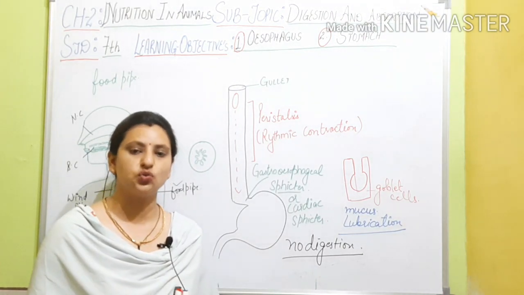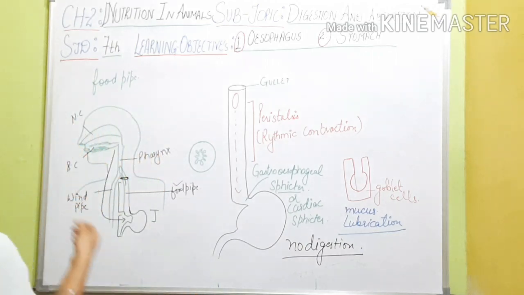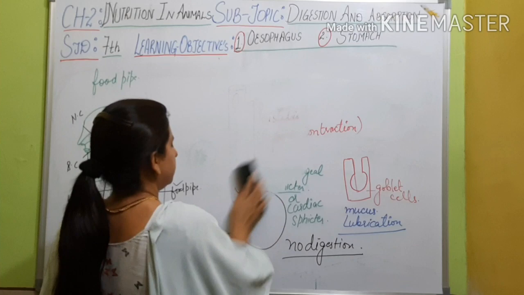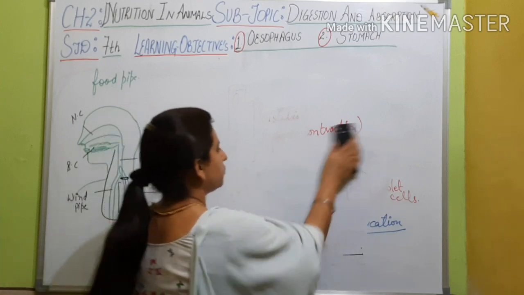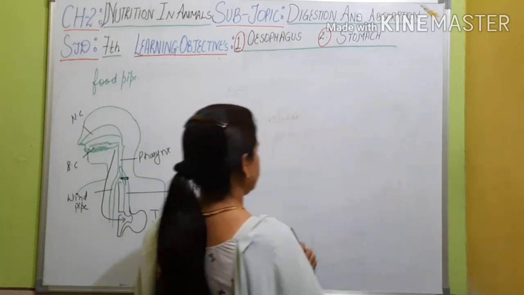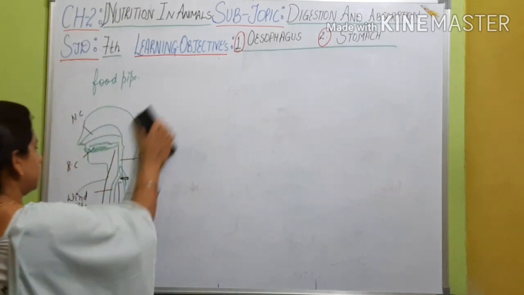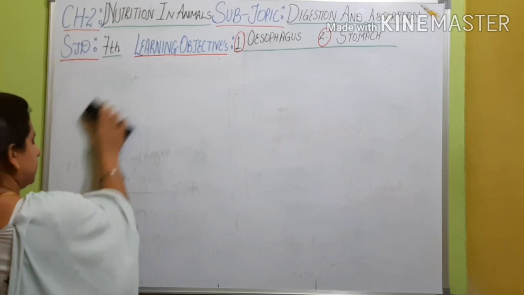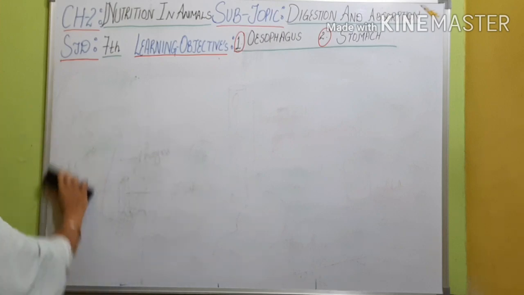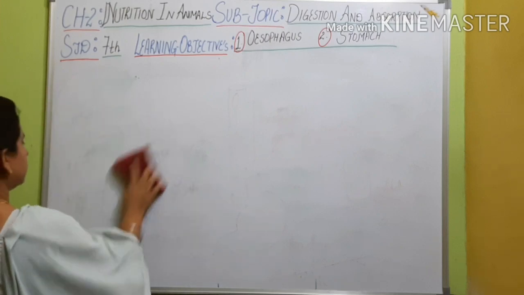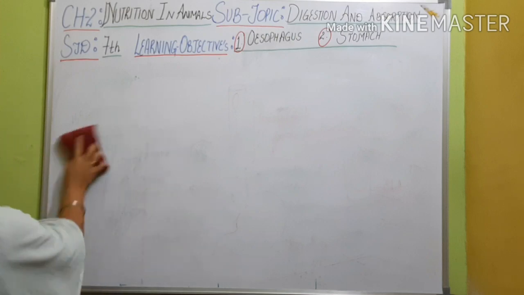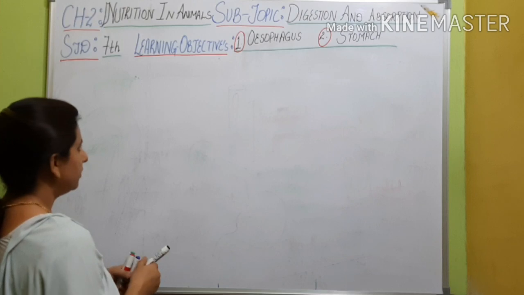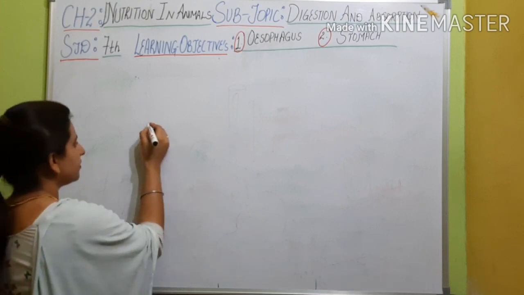Now we will switch towards the stomach. Before doing the stomach, we will draw a diagram of the stomach first. If we go for the diagram of the stomach, then the stomach is something like this.